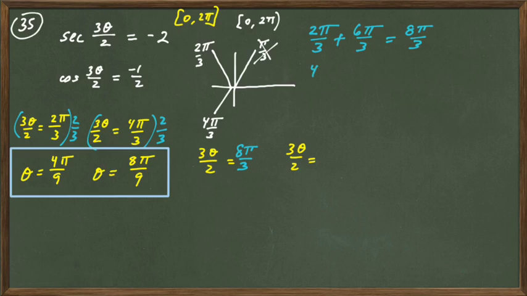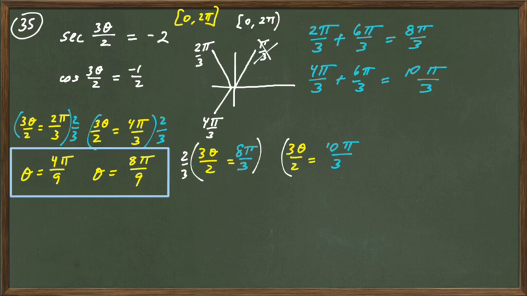If I took 4/3 and I added 6/3, what would that give me? 10 pi over 3. And again, I need to solve this, so I'm going to multiply both sides by the reciprocal of 3 over 2, which is 2 over 3.